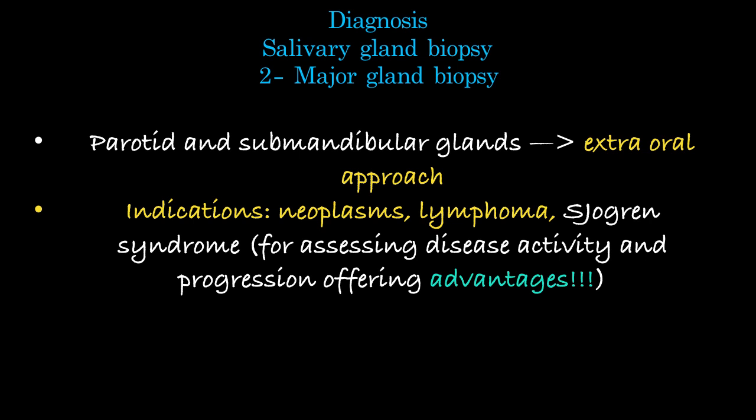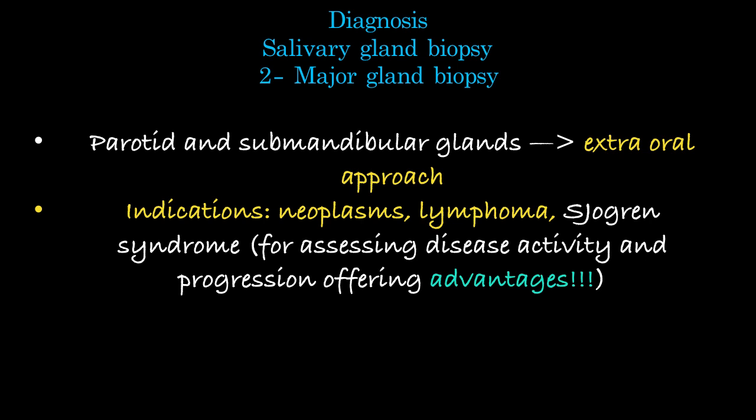But if we take from a major gland, every time you will take the biopsy from the same gland, which you already made sure is affected with Sjogren syndrome. Another advantage is that we can take saliva samples along with the biopsy, from within the gland.